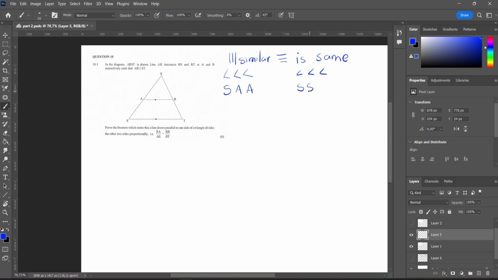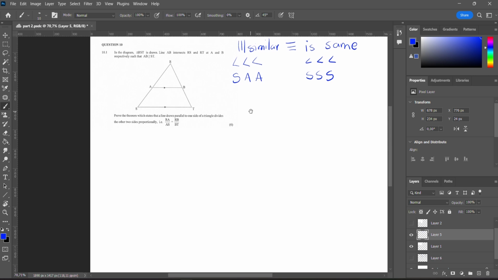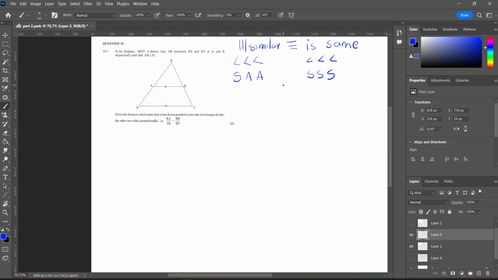So the best way to do it is to have side to prove concurrency, and angle is probably the best to prove similarity. But yeah, I think anything that involves sides could go to concurrency. However, when they're concurrent, it just means that everything is equal.